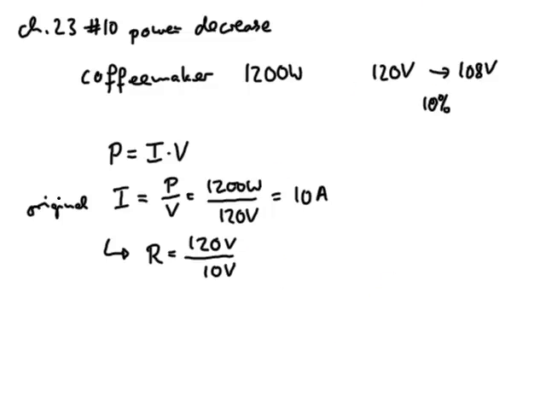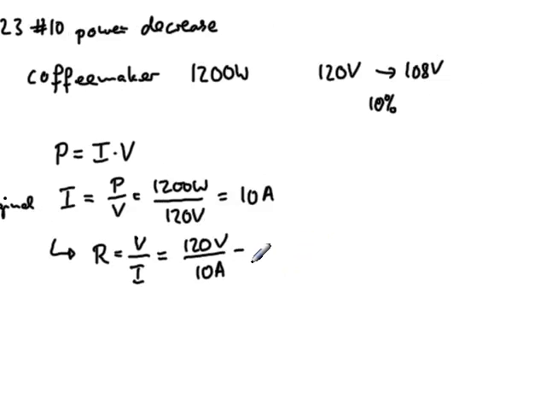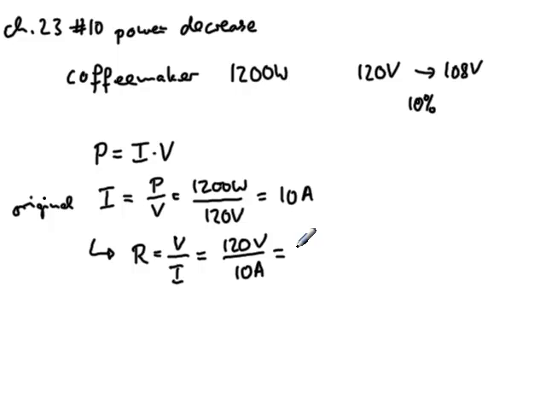Start over again. Because I meant to write down the proper form of resistance, volts divided by current. So I have 120 volts divided by 10 amps, which means that our coffee maker or toaster, whatever it is, has a resistance of 10 ohms. I repeated that because I had forgotten this one here, and then I wrote down the wrong unit there accidentally.